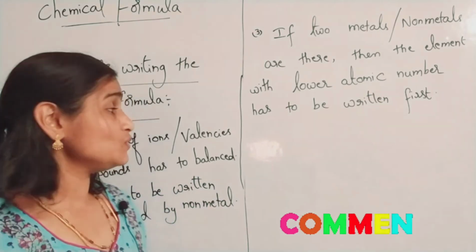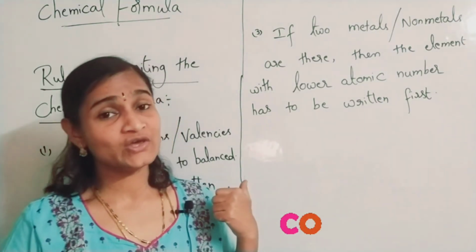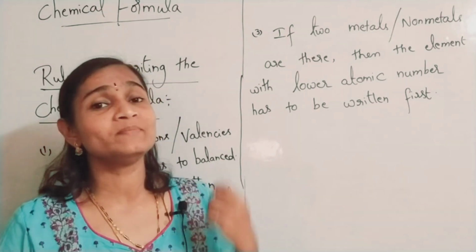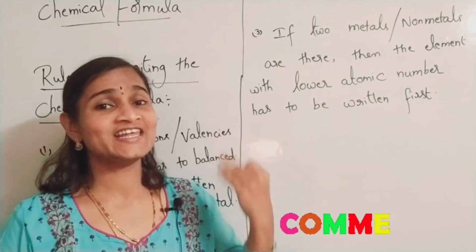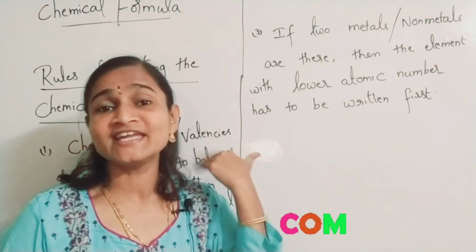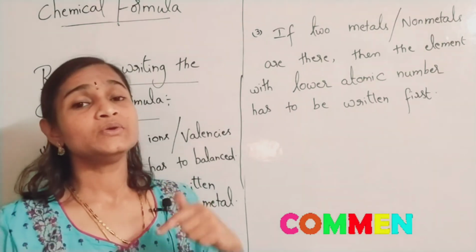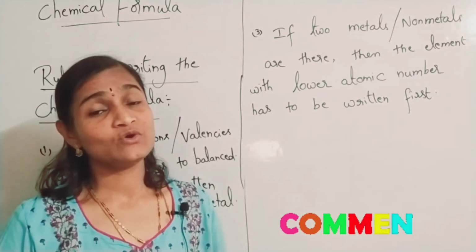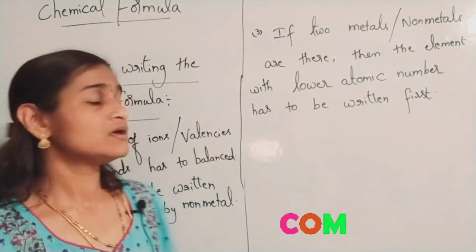You have to memorize them. In the previous video on ions, we already discussed many types of ions: monovalent, bivalent, trivalent, tetravalent, as well as pentavalent. You can go through my previous video on ions to get clarity about this concept.